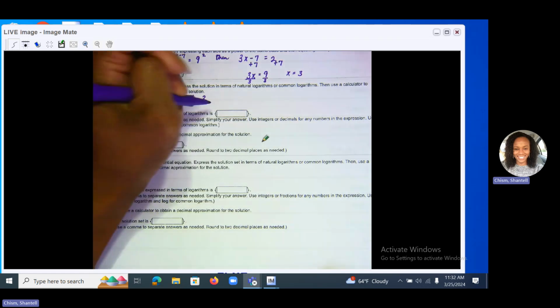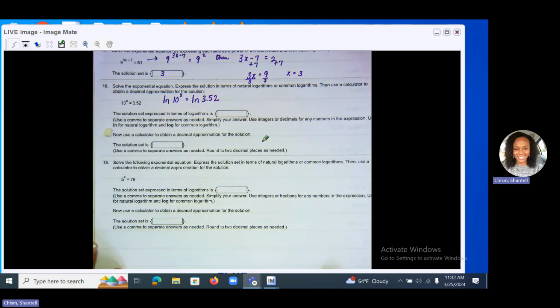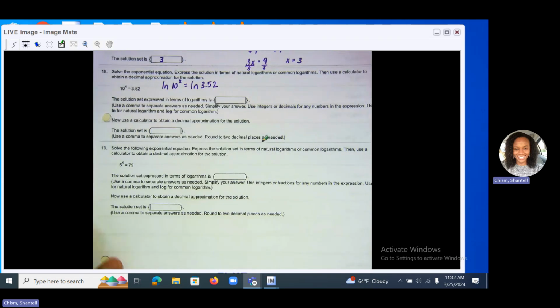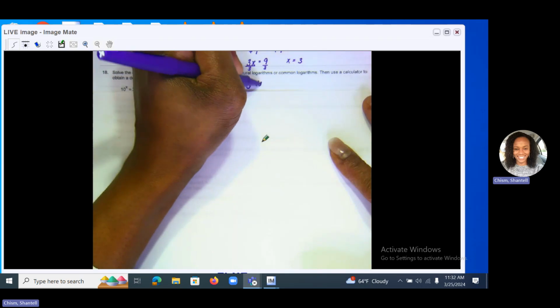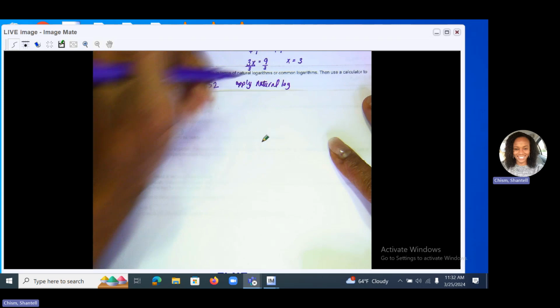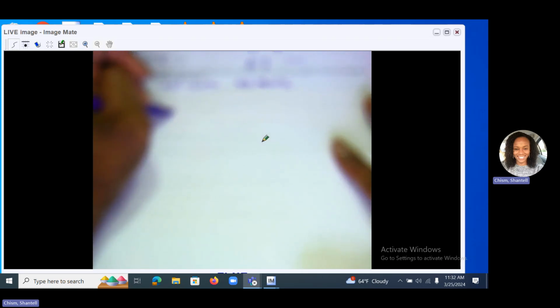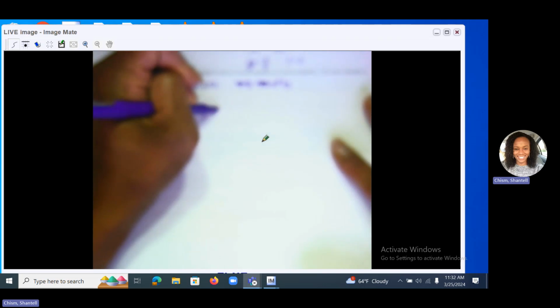to both sides. Now, in this case, it would have been easier to apply the common log. So this is applying natural log. Here I could also apply common log.